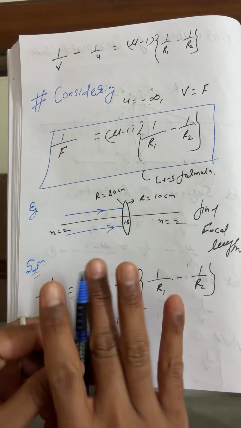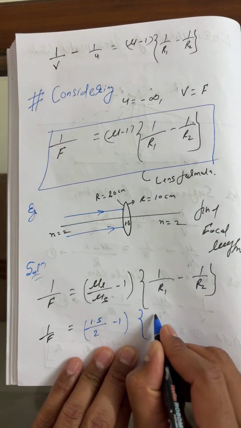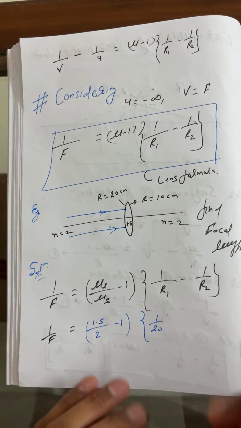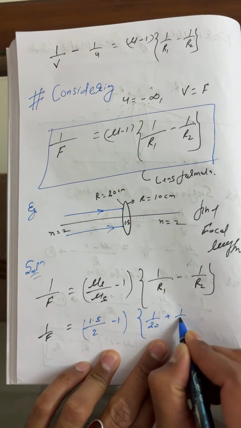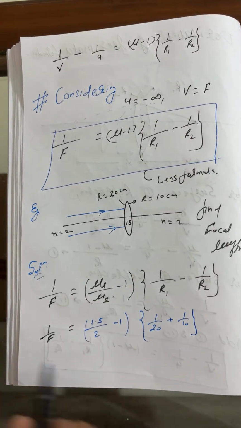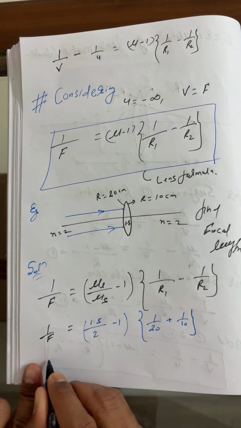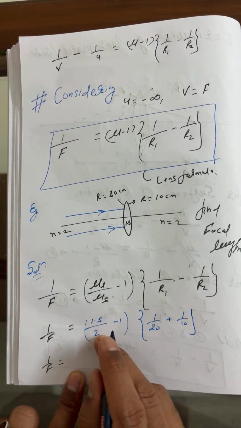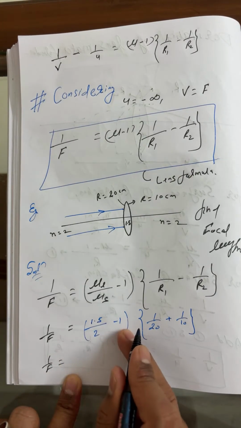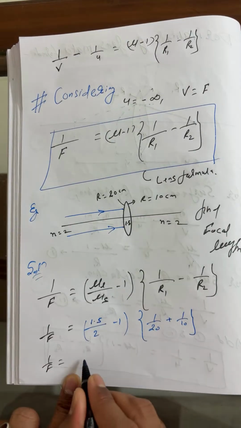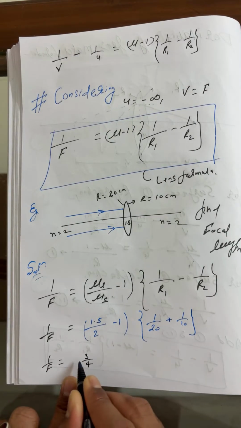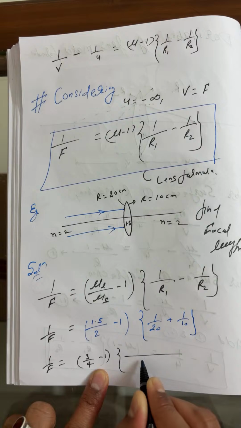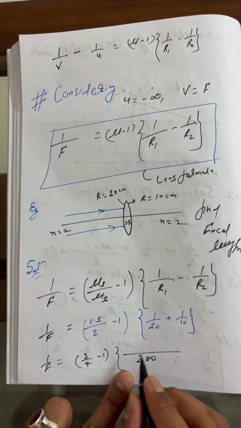1 upon R1, as I said, is positive only, so 1 by 20. Here minus minus becomes plus, so plus 1 by 10. Further, we calculate 1 upon f: 3 by 4 minus 1 into the bracket. Taking the LCM, 10 plus 20 gives 30 upon 200.